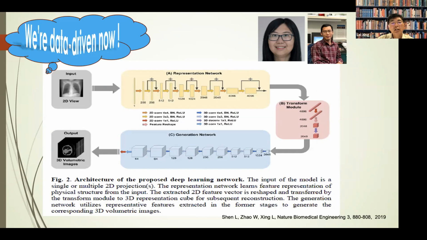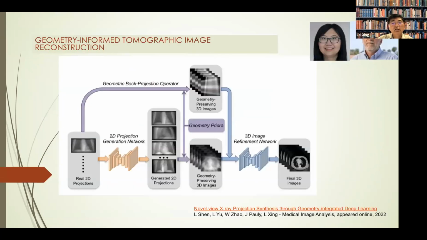So we do want to have some control of this image reconstruction process. Therefore, we work on so-called geometry-informed tomographic imaging. In a nutshell, we're giving some information; we're not totally relying on the data. A lot of information about the imaging system is already known, right? Like the imaging geometry.